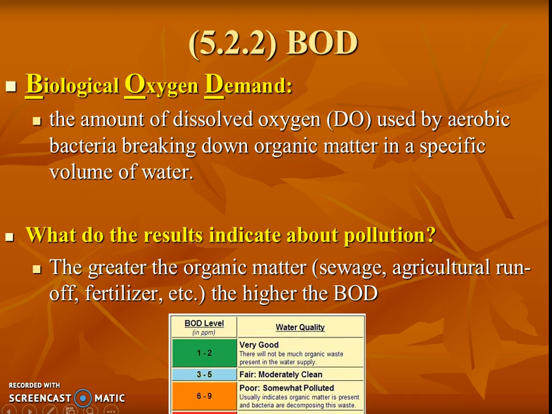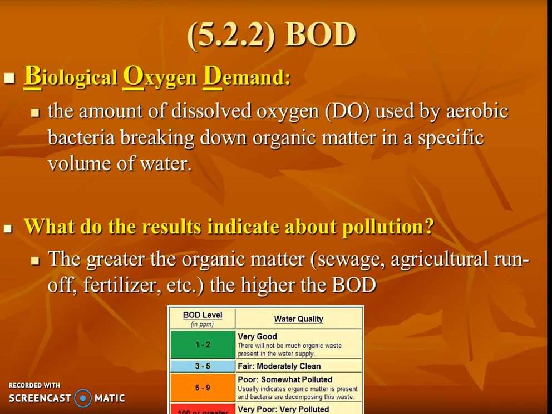So we as scientists in the local environmental areas will label the amount of biological oxygen demand, and they will use it as an indicator of overall water quality, which would relate to other pollutants like sewage or nitrates, etc. And they'd categorize it.